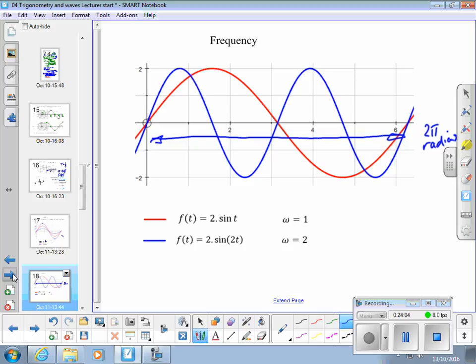If I made omega 3, we'd fit 3 sine waves between there and there, and so on. So it's omega that's controlling how many sine waves you get in 1 time period, or the time period of 1 sine wave. You can think of it in either way. But the value of omega, and its constant in front of it, controls the frequency, or how many cycles we get per second, or the period. It's all controlled by omega and what it's multiplied by.